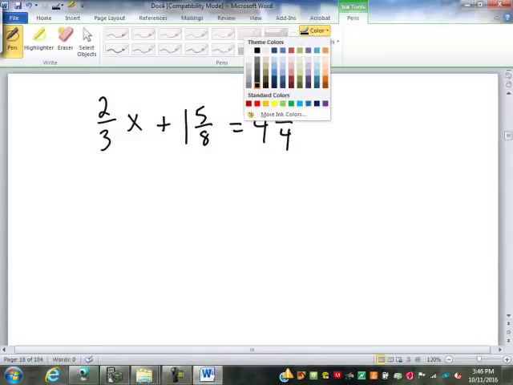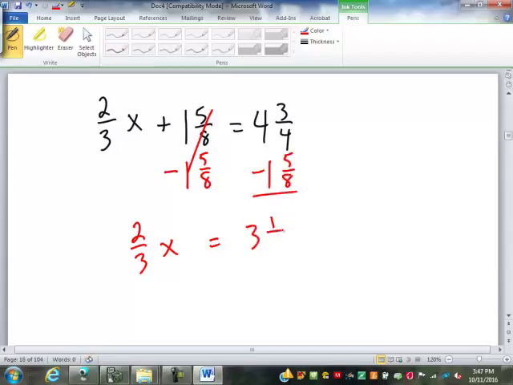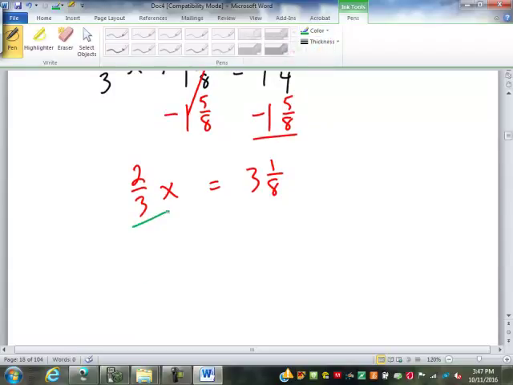So if you use your calculator, this isn't so bad. What's our first step we have to do? Subtract 1 5/8. We've got 2/3 x over here. Subtracting 1 5/8 over here gives me 3 1/8. Then what? Divide by 2/3.